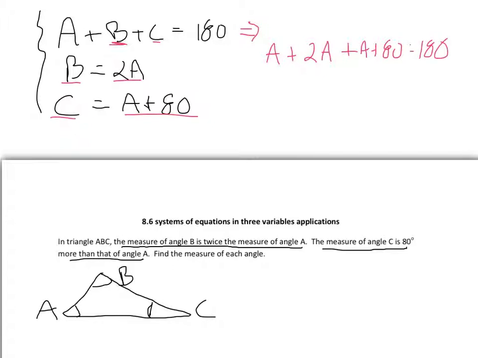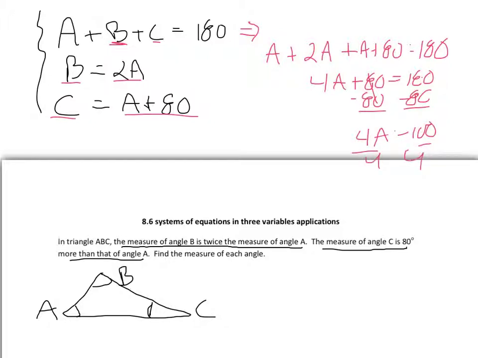Combine our like terms. A plus 2A plus A is 4A plus 80 equals 180. Subtract 80. These cancel out, so we get 4A equals 100. Divide by 4, and A is 25 degrees.